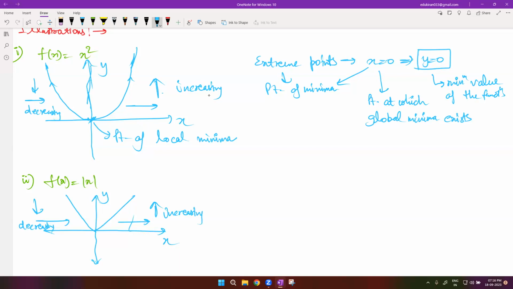So definitely it must give you one point of local minima, which you can observe intuitively as well, that this point has the lowest value of y, because other than that, every value of y is positive, right? The graph only exists in the first and second quadrant, where y is positive. Hence, this particular graph also has a local minima, which is also a global minimum this time.